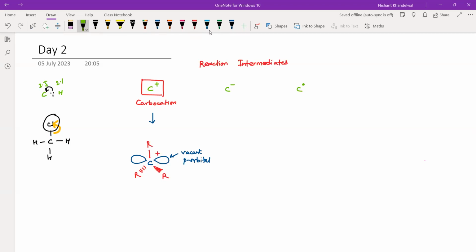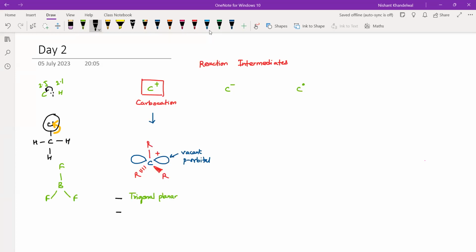So the properties which we need to remember for this: the geometry is trigonal planar, just like boron trifluoride. We have to ignore the empty p orbital.